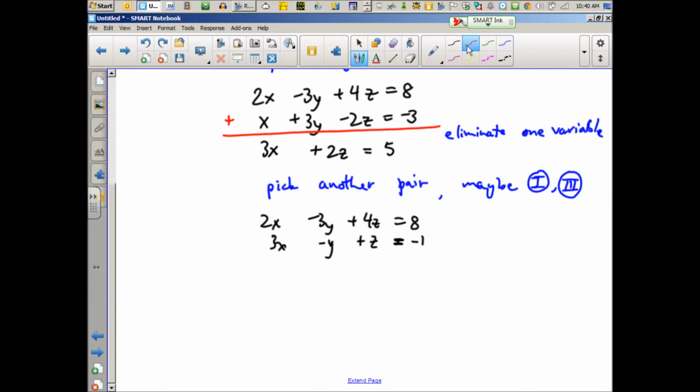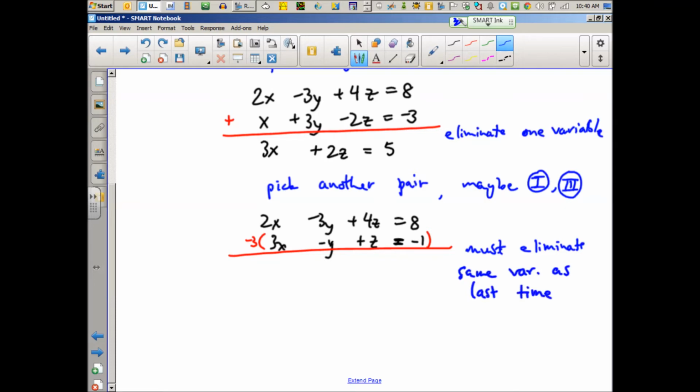But here's the thing. Last time you eliminated y because it was convenient. Now you're kind of forced to eliminate y again. So you must eliminate the same variable as last time. If on the first time you eliminated y, you have to do that a second time. Or maybe on the first phase you eliminated x, then you should repeat that here, okay?